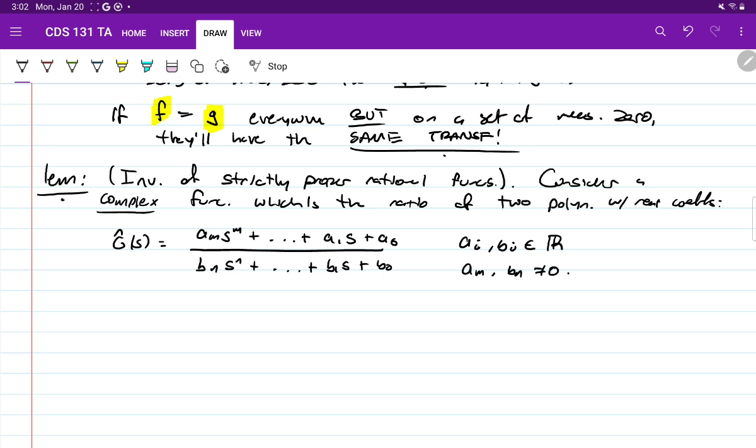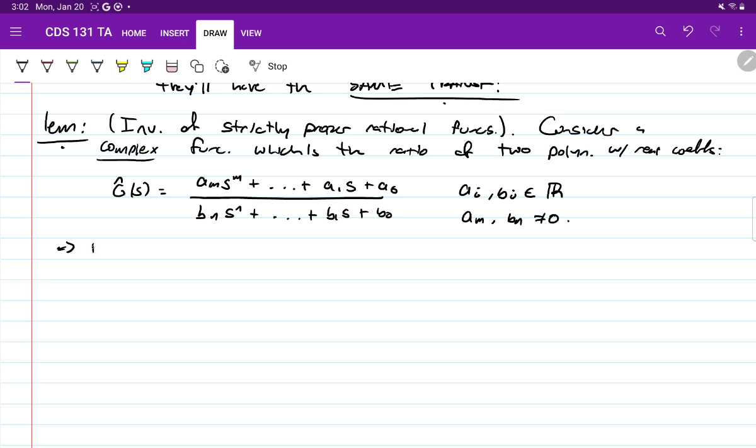In this way, we can identify m as the degree of the numerator polynomial and n as the degree of the denominator polynomial. Just to say what this is called, if m is less than n, this is called a strictly proper rational function. Sometimes you'll hear it called a strictly proper real rational function.